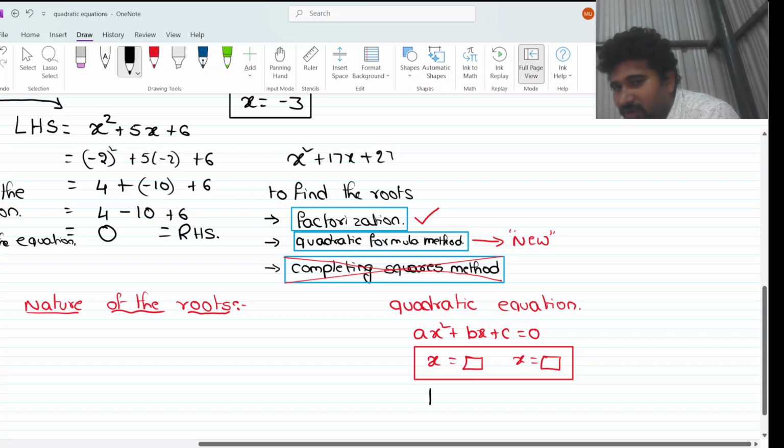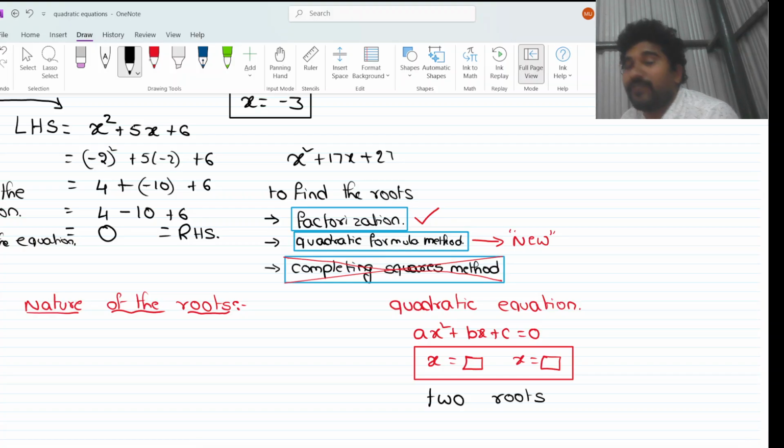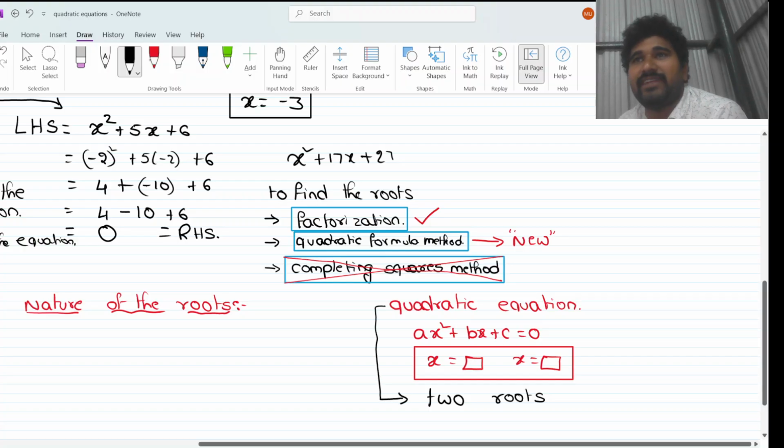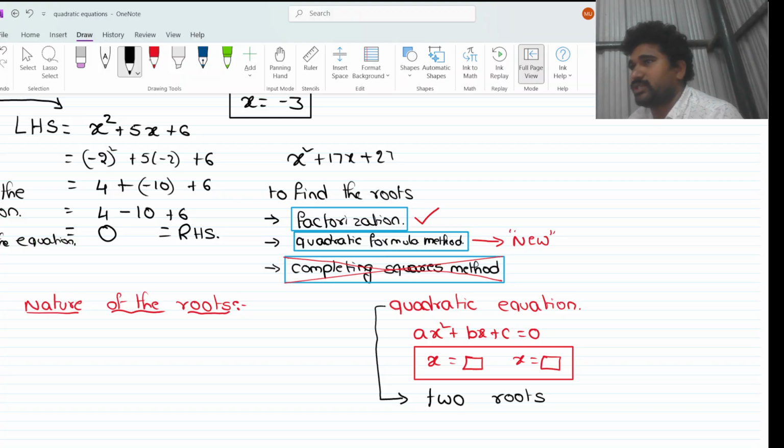How many roots will I get for a quadratic equation? 2 roots. That 2 roots have different possibilities.